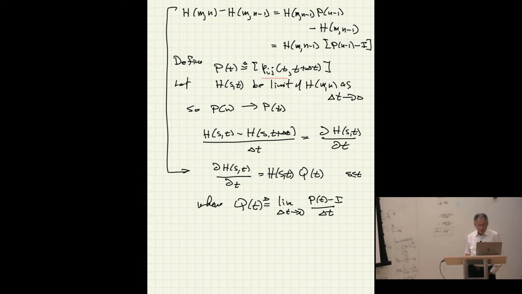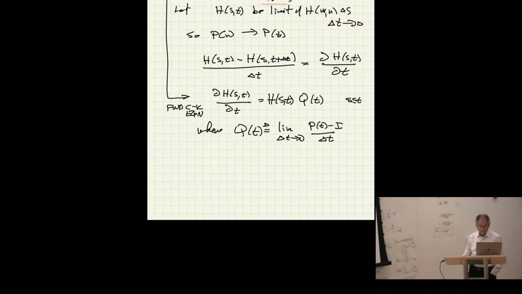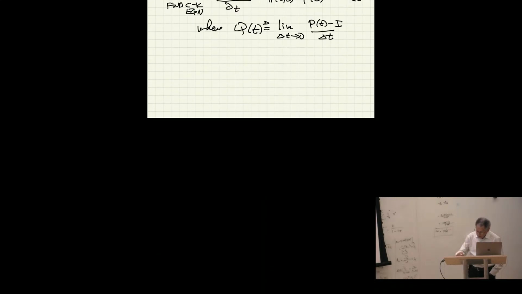This is called basically the forward Chapman-Kolmogorov equation for continuous time. Q of t has a name.